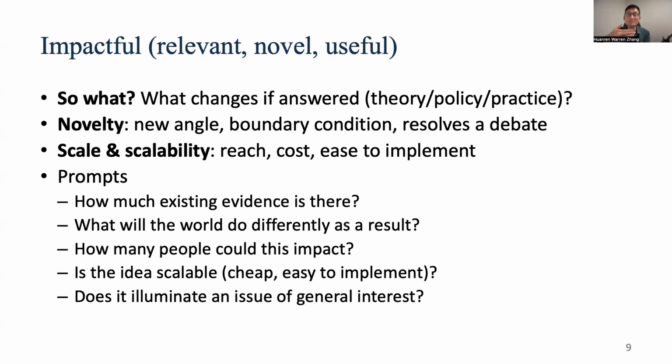Being impactful is an addition. It's actually great if you are able to identify an impactful question. If not, that will not hurt your paper that much. You need to first make sure, that's why I put clear and feasible above impactful, right?